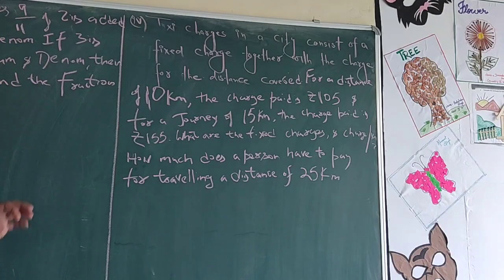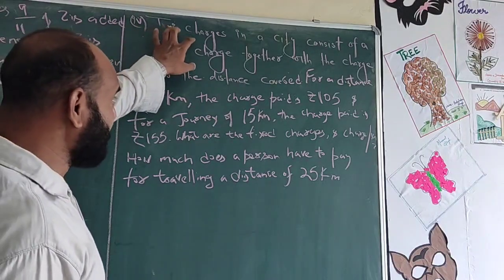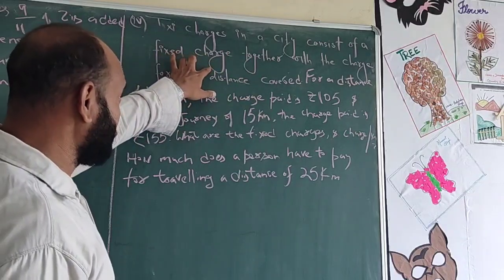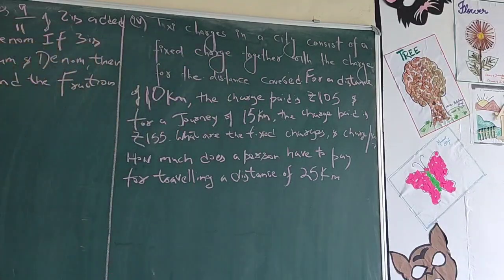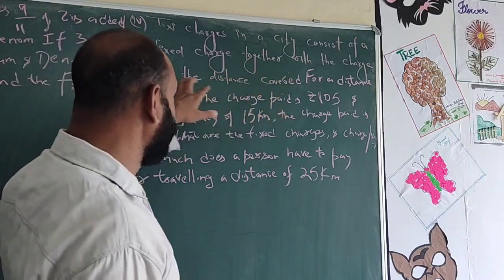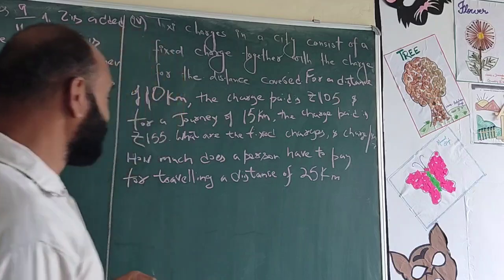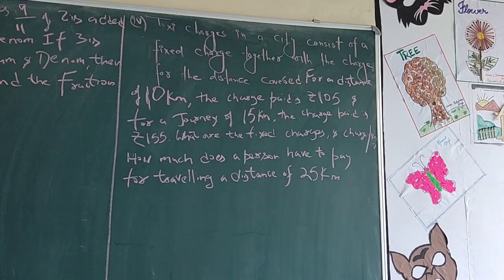In this statement, it is given that the taxi charges in a city consist of a fixed charge together with the charge for the distance covered. For a distance of 10 km, the charge paid is rupees 105.